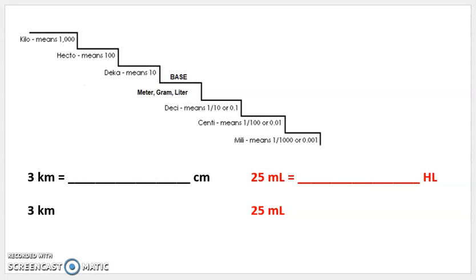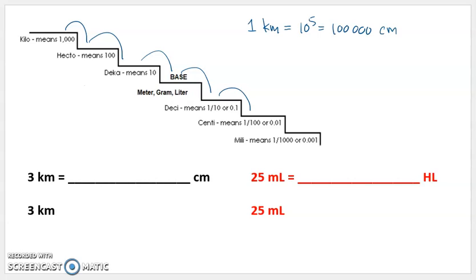So let's figure out 1 kilometer is 1, 2, 3, 4, 5 steps. So 1 kilometer is equal to 10 to the 5th, because it's times 10 for each step, which equals 100,000 centimeters.